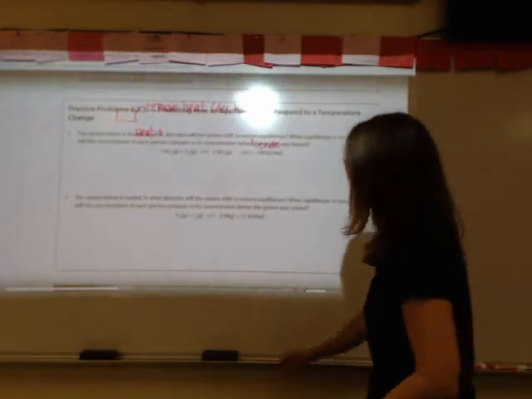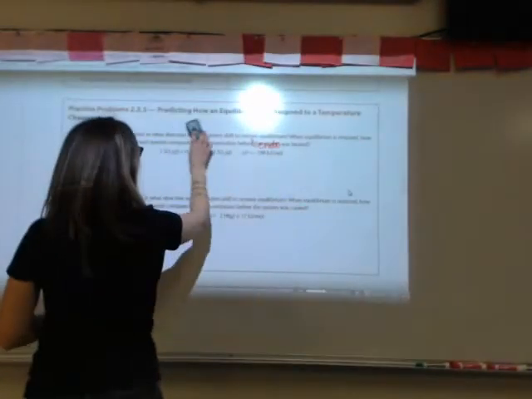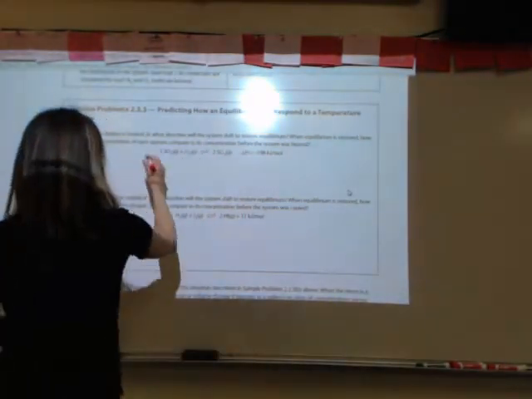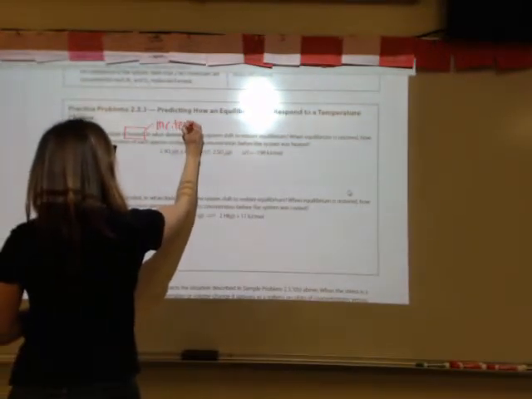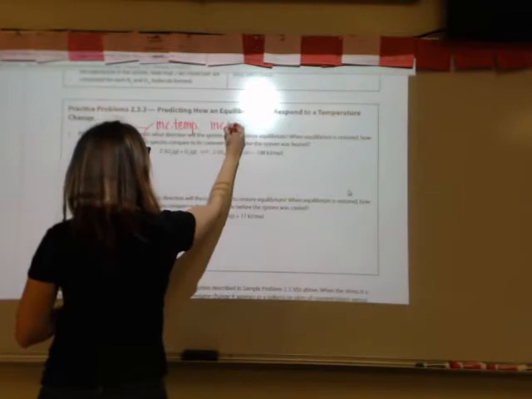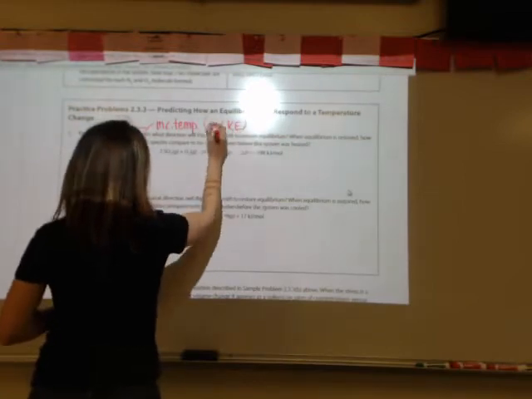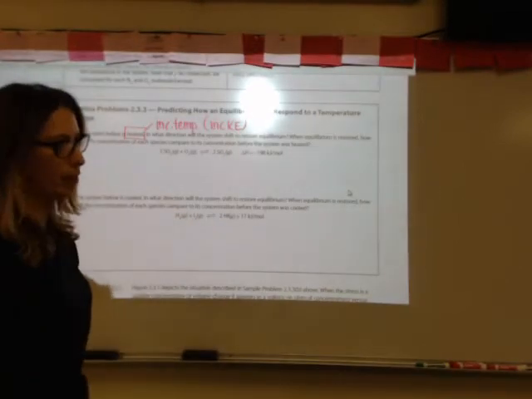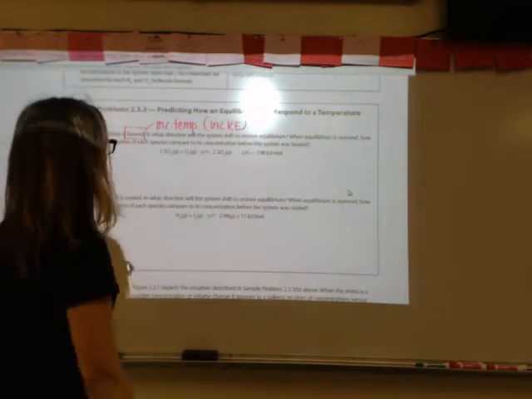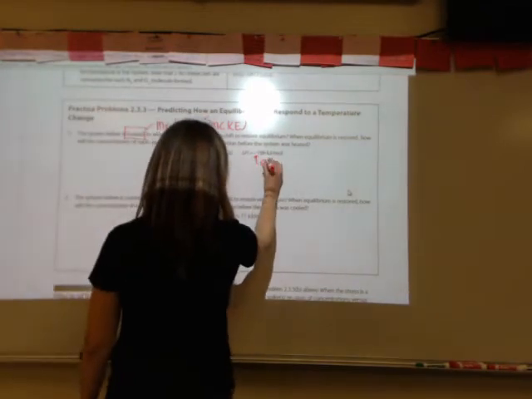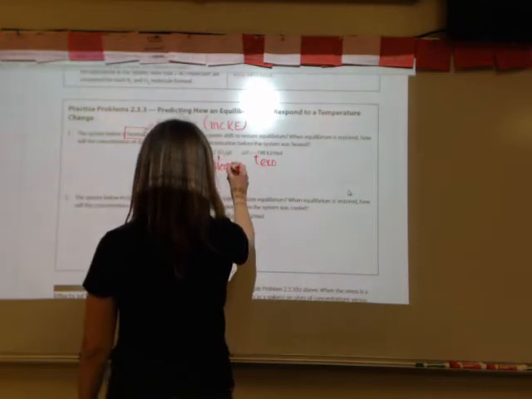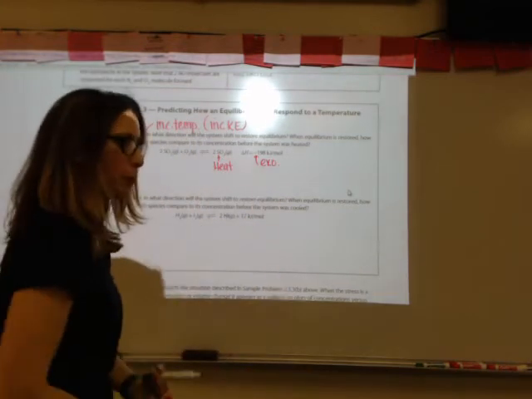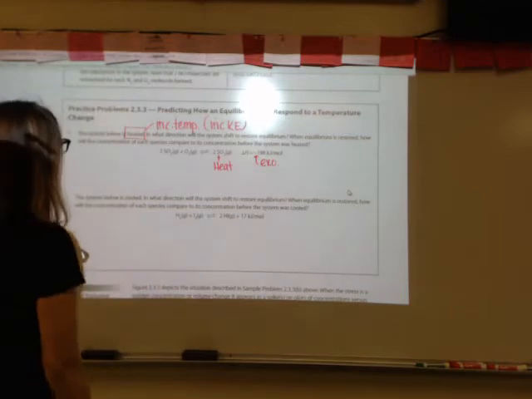Let's take a look here. The system below is heated. So I increase the temperature, which is increasing kinetic energy. Now, this time my delta H is negative, so this is an exothermic process. So that means that heat is a product. Heat is being released in exothermic reactions.